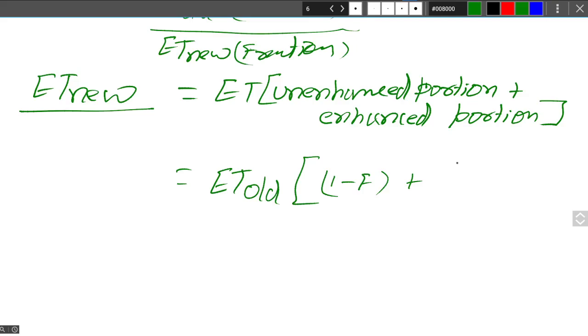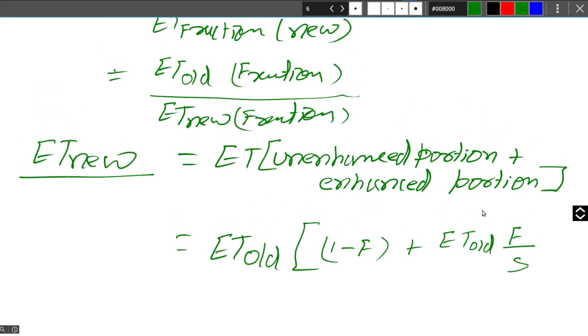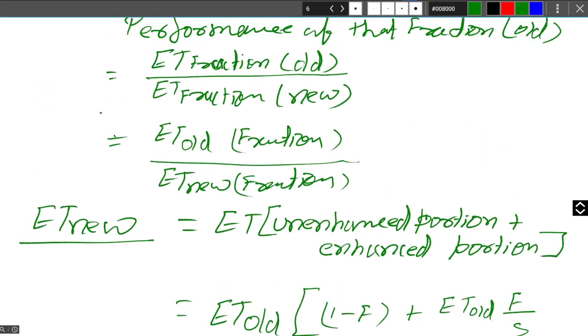What can the enhanced portion be? It will be ET old f upon s. Will it be or not? It was s.